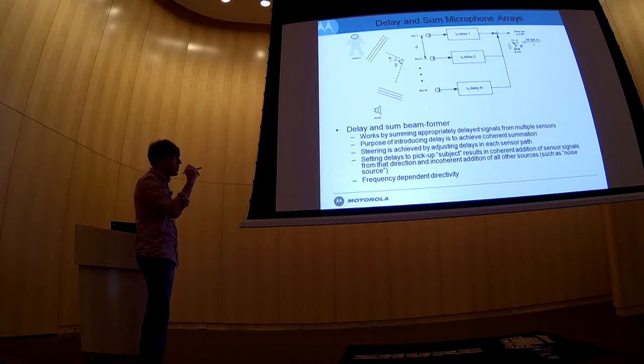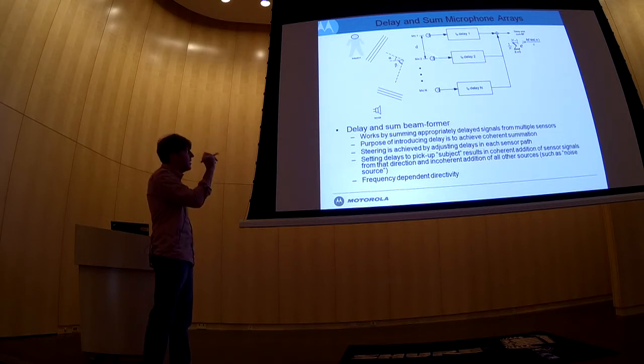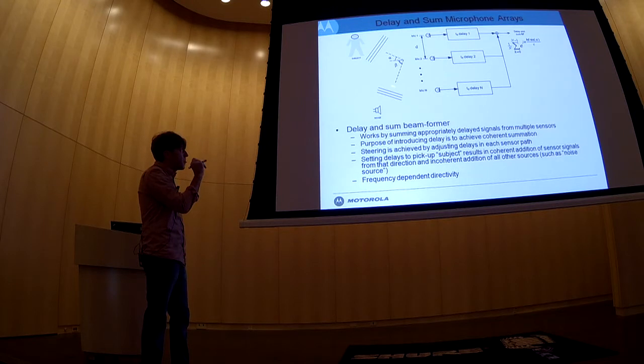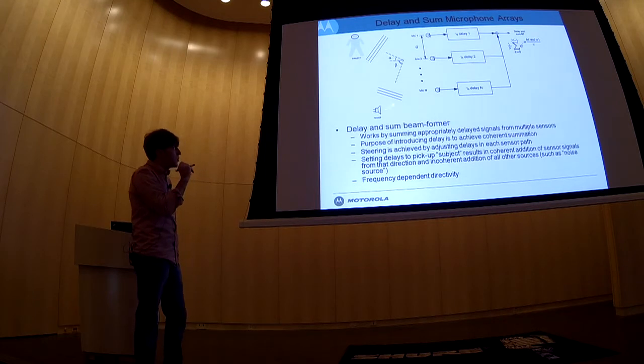Now, suppose that at the same time, as we've steered the array in that direction, we have a source of noise that is in some other direction. What will happen for that source? We notice that the sound from that source will propagate to microphone N, will hit microphone N first, and will hit microphone 1 last.